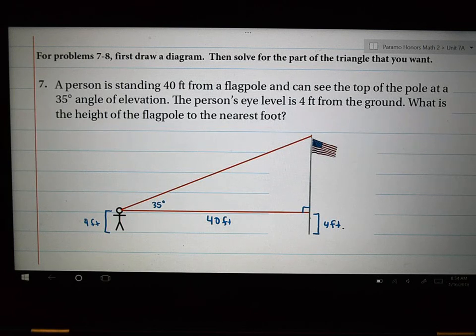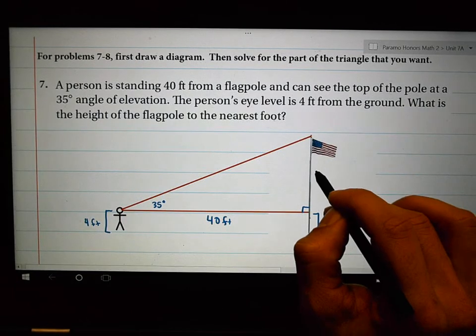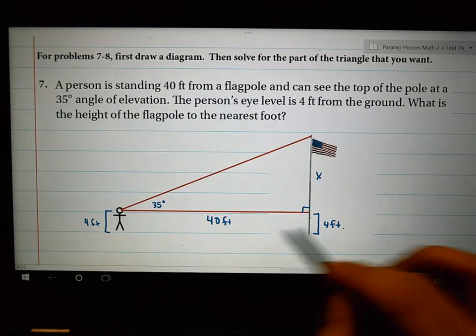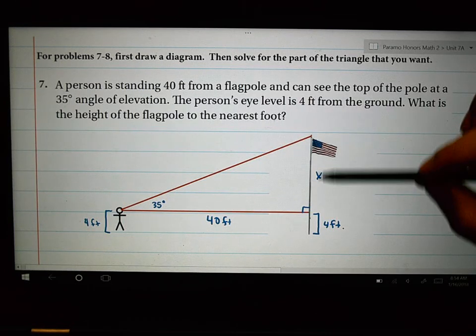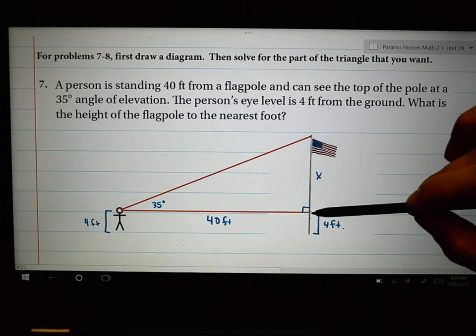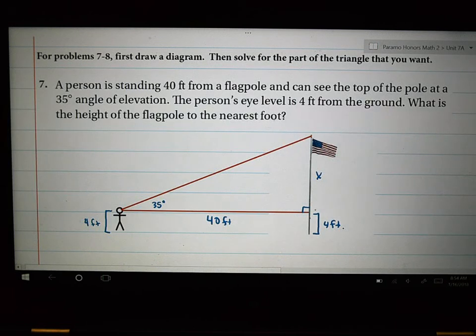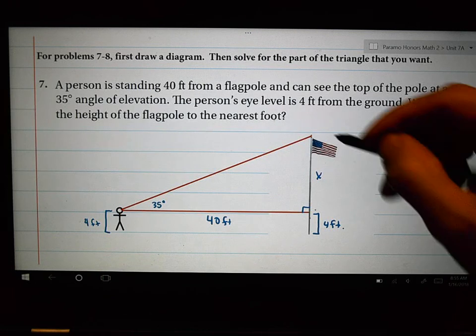The question says, what is the height of the flagpole to the nearest foot? So if I'm using this triangle, I'll only find the height of the flagpole to right about eye level, but I'm going to have to add the 4 feet to it, aren't I? Like my goal will be to figure out this whole thing.